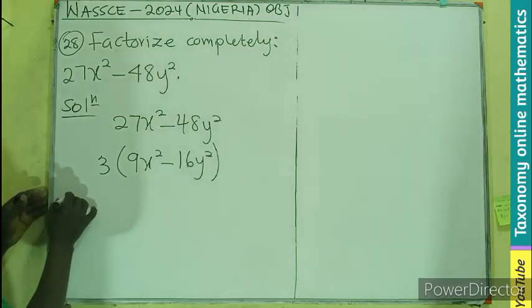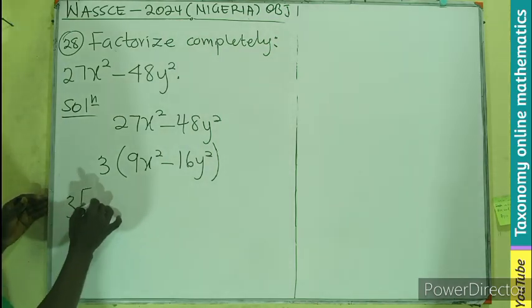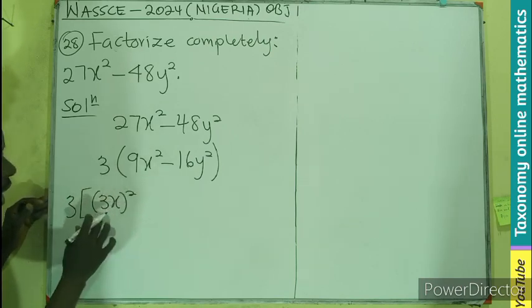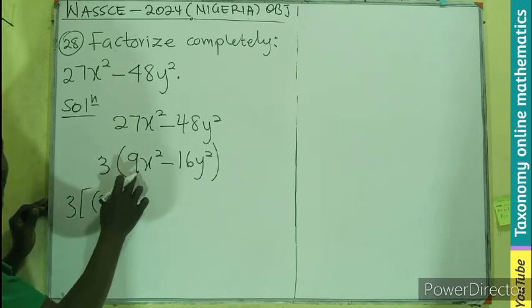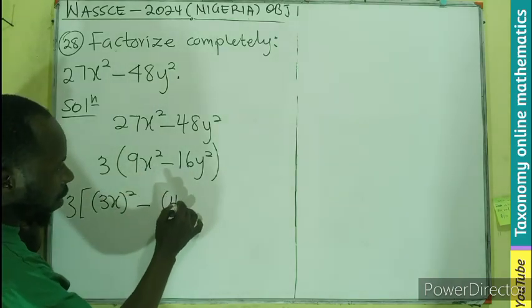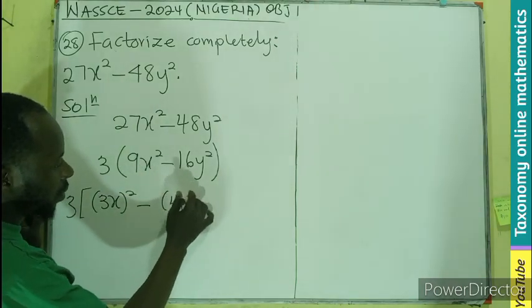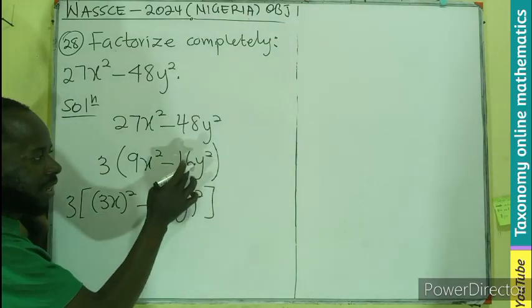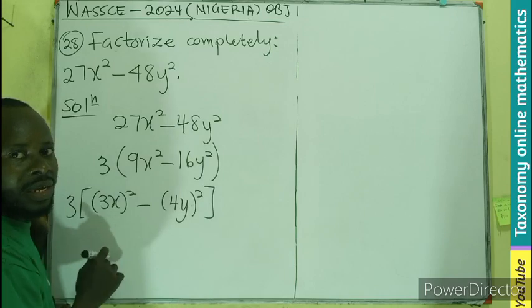So we can rewrite that as 3 into bracket (3x) all squared, minus (4y) all squared, because 4 squared is 16, and y squared will be y squared.